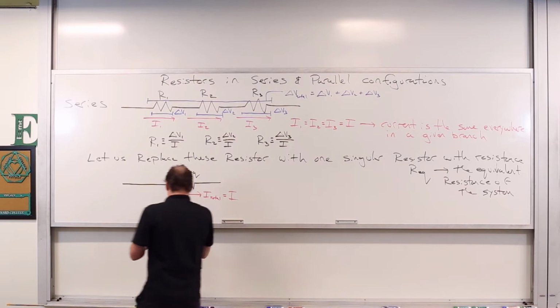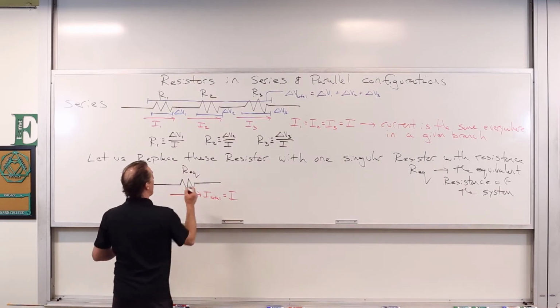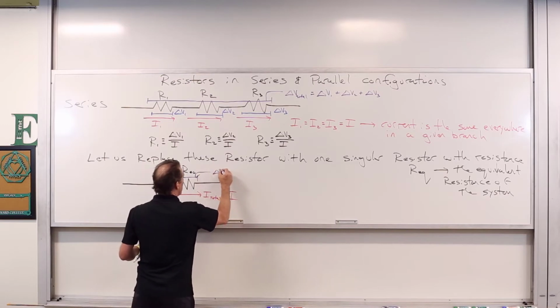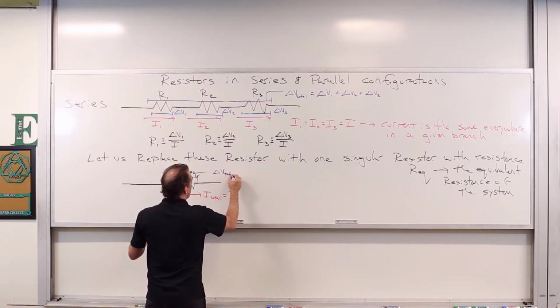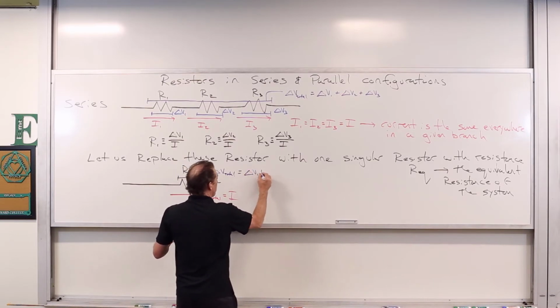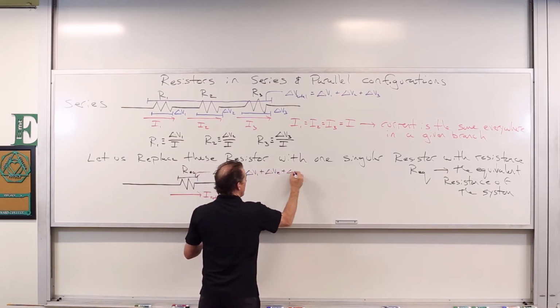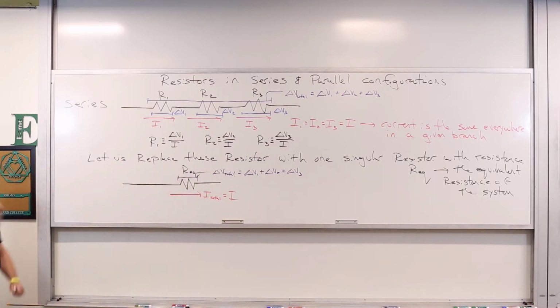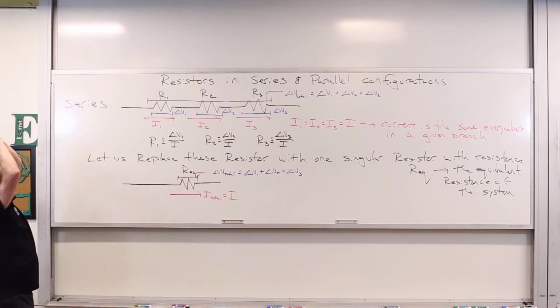What else would we have to have? We would have to have that this here is delta V total, which is, again, delta V1 plus delta V2 plus delta V3. Again, we can do it for 2, 3, 4, 5, 20,000 resistors in series.